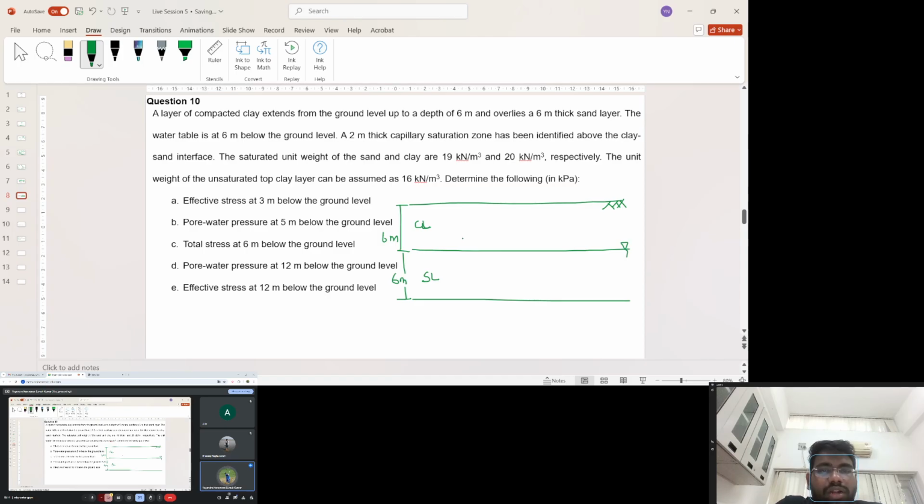Since the pore size of the clay layer is very small, it exhibits capillary phenomena. That extends up to 2 meters, where the water has risen, and the saturation here is 100% due to capillary rise.